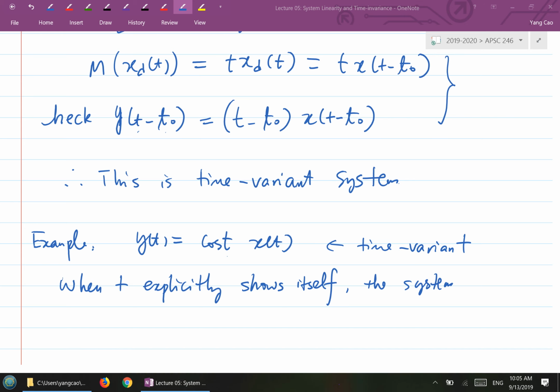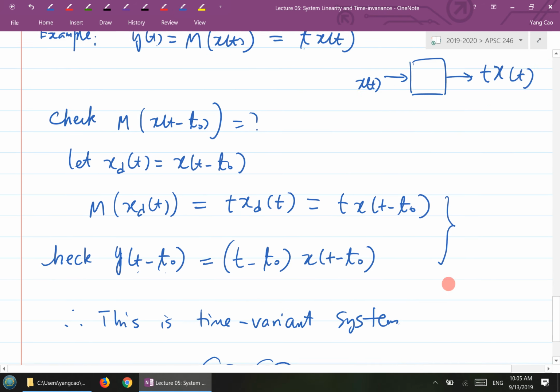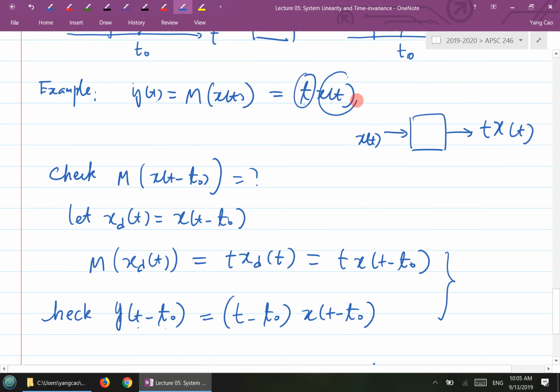but remember the t is not part of the input. It's not this t, this is your input t. That has nothing to do with this, right? The system is time variant. So this part is different from this part, just like this part is different from this part.